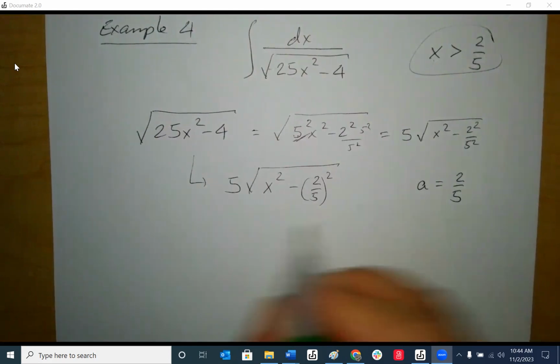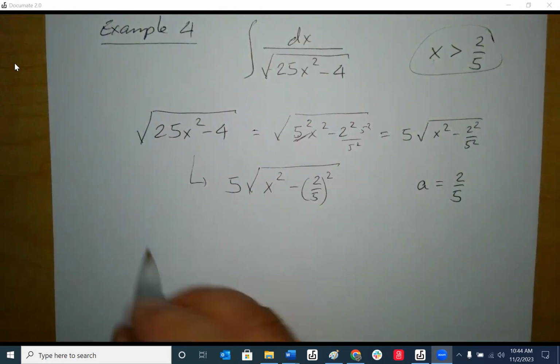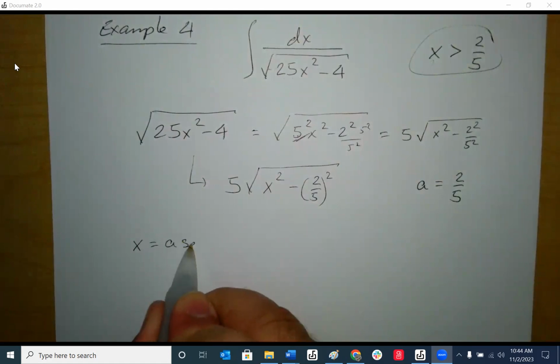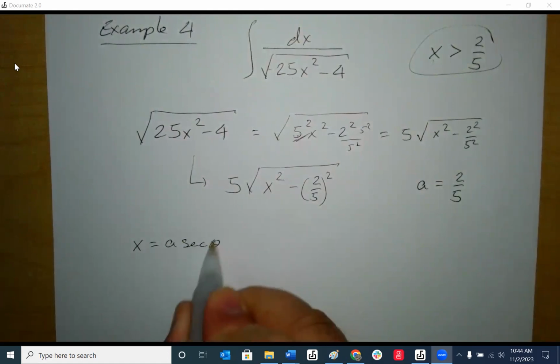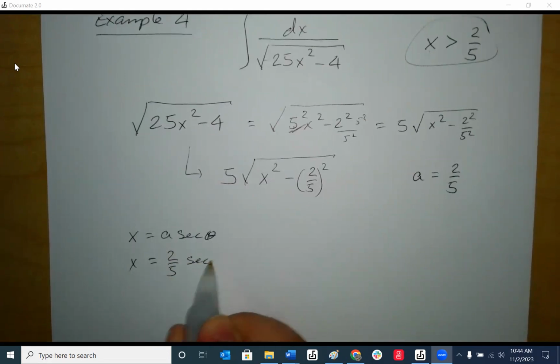So we know this is going to be a secant function. We first define x: x equals a secant theta, which is 2 over 5 secant theta.